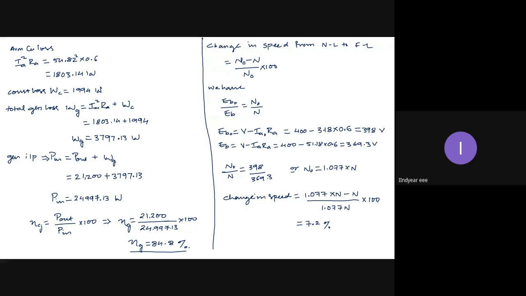In our lab, all rotating machines are at 1500 RPM rated speed. When you vary the load from no load to full load, the change in speed is very large in induction motors and very minimum in DC motors. Hence, DC machines are known as constant speed motors. We'll go to the next example.